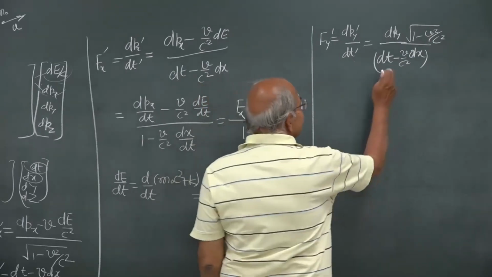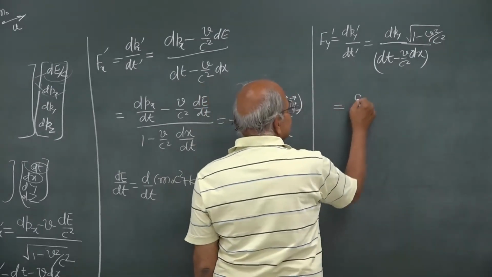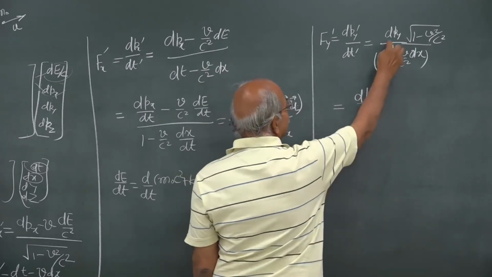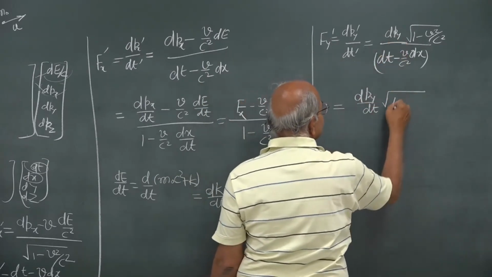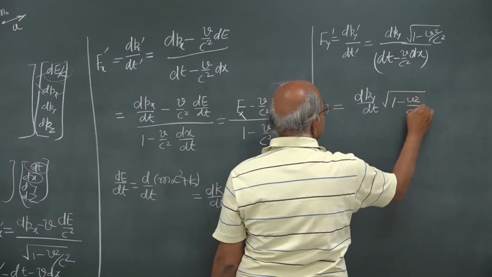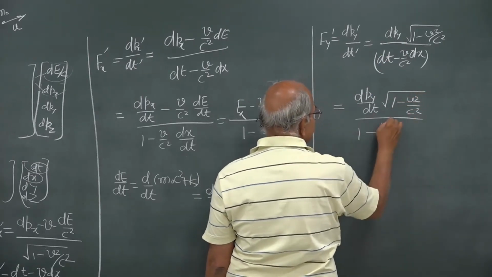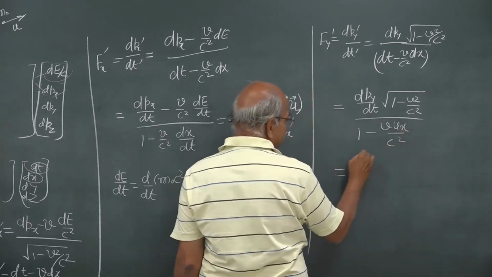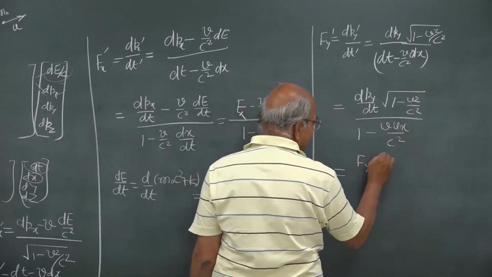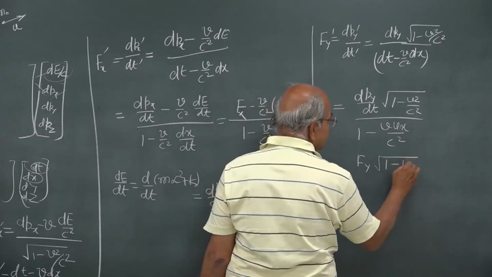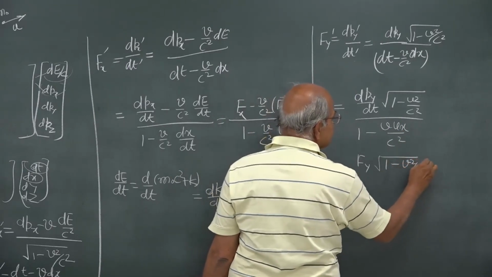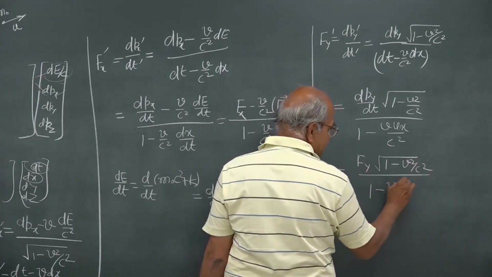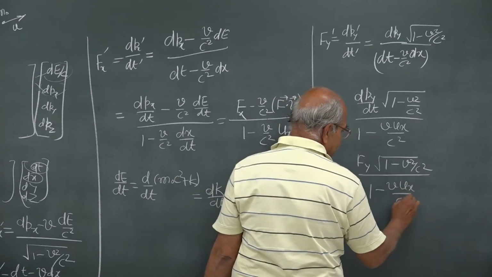So again divide by dt. This is dpy by dt. I am dividing by dt here, and I am dividing by dt here, 1 minus v ux by c square. So this is fy times square root of 1 minus v square by c square, and then divided by 1 minus v ux by c square.